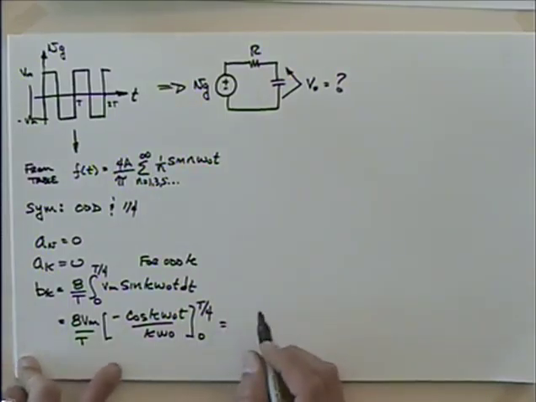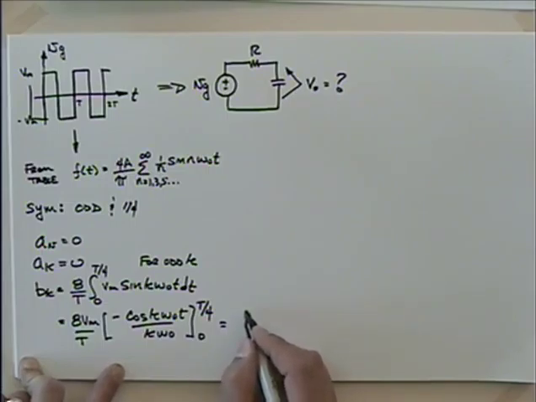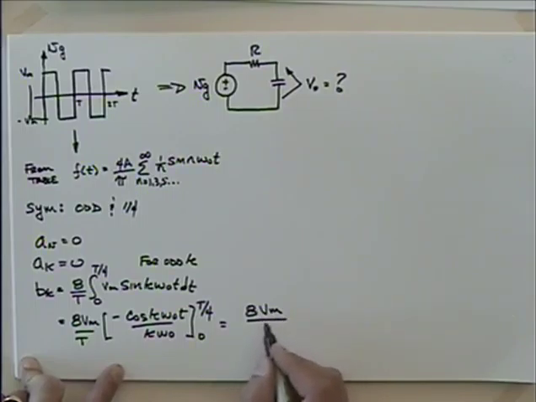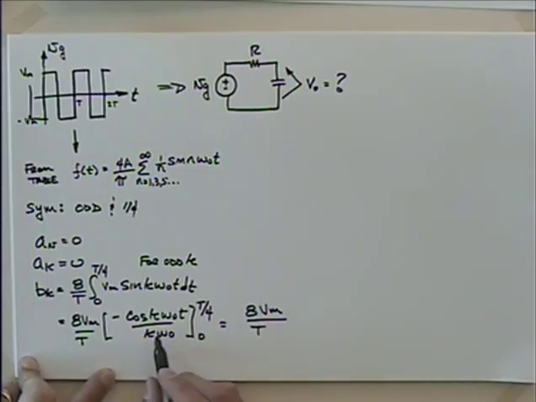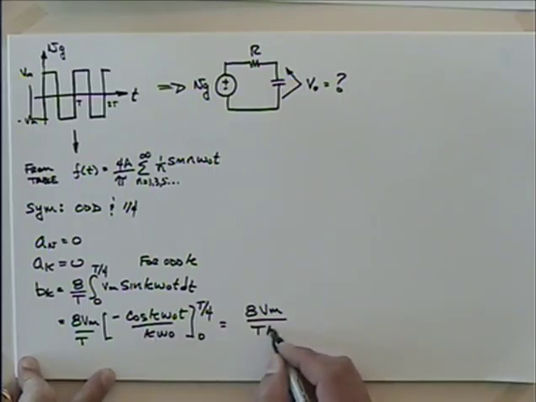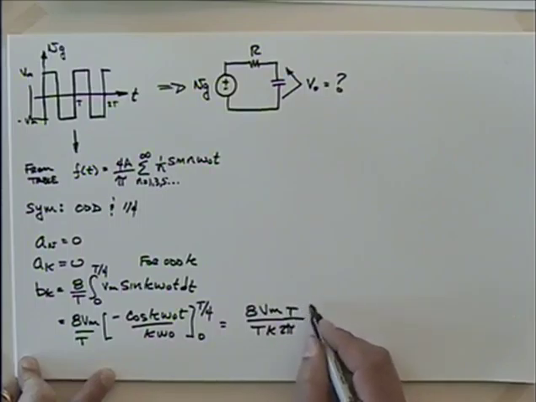So that turns out to be what? 8 times Vm divided by T. Then I could factor out this k omega naught, so I'm going to have k and 2 pi, and then I will have a T up there.